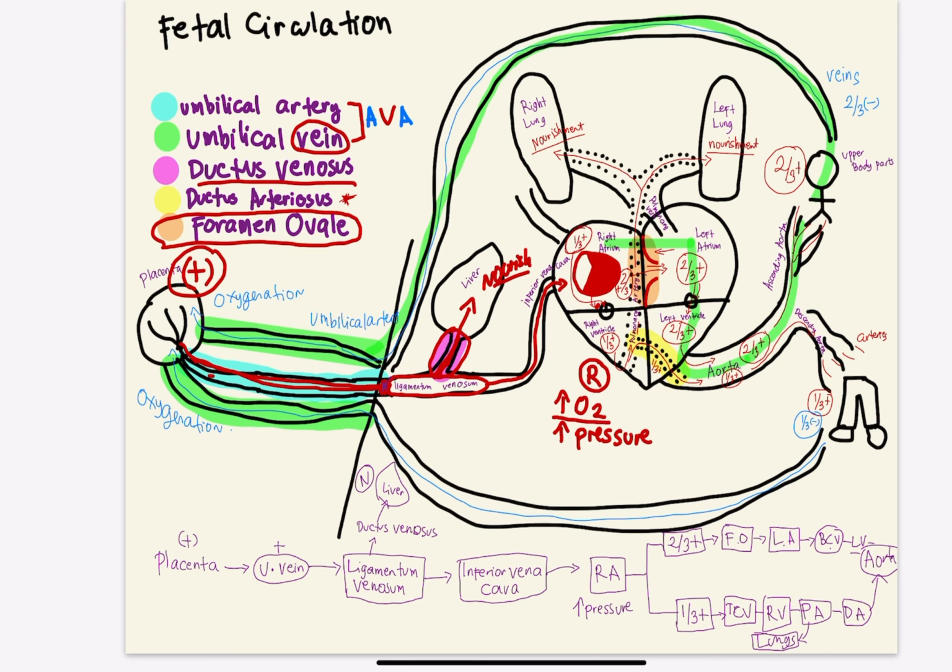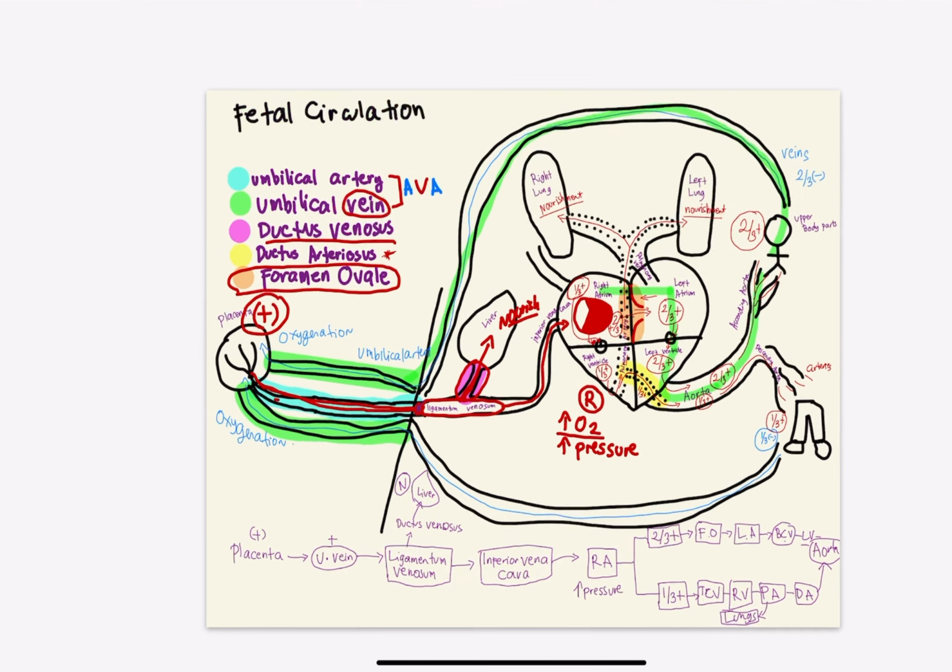After it becomes consumed, yung 1/3 oxygenated blood po, magiging 1/3 unoxygenated blood na. And then they will go back to the veins, going to the umbilical artery, going back to the placenta for oxygenation. So that's how simple fetal circulation is.